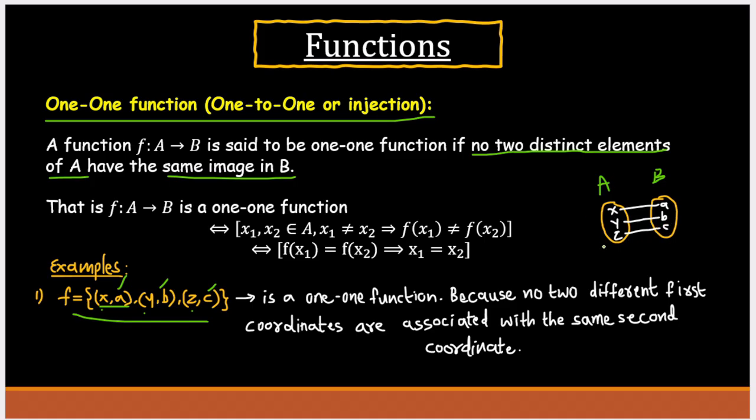Each element of A is mapped to an element of B. No correspondence is repeated between the elements of A and B. So this is a one-one function because no two different first coordinates are associated with the same second coordinate. No two elements of A have the same element from B. This is said to be a one-one function, injection, or one-to-one function.